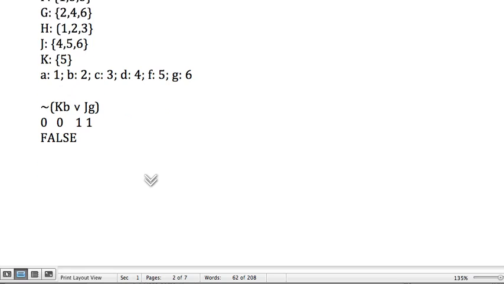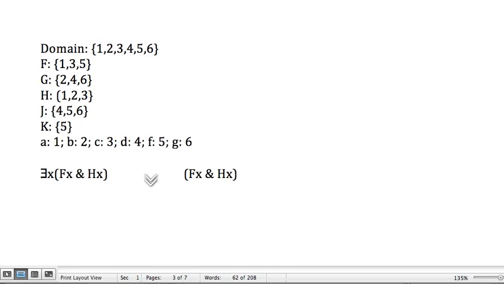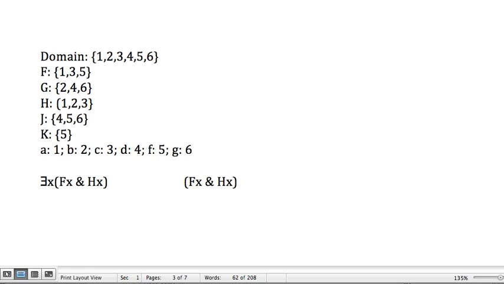Now we move on to a quantified example. Here's our example. In fact, we're going to look at what we need to do with the quantified formula. I've sort of gotten us started here. We've got an existentially quantified formula. What are we asking when we ask if it's true?